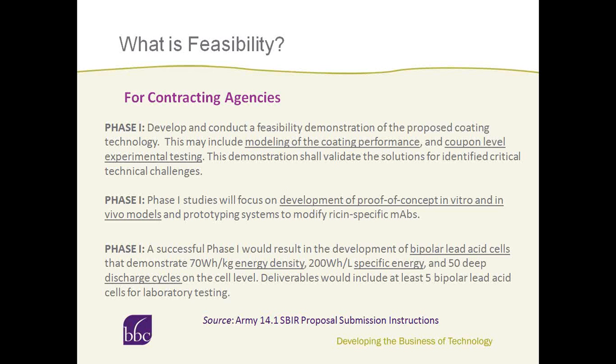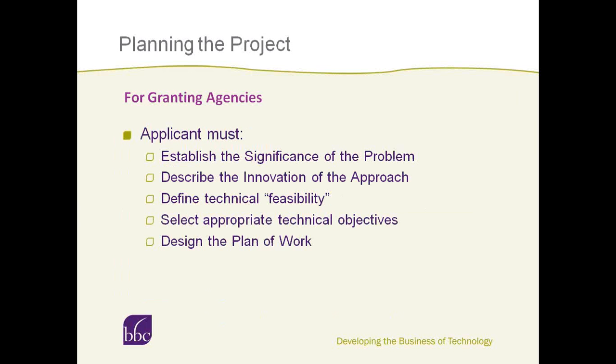So you want to be responding in detail to what you see described in these topics and the approaches that have been tried already that have not succeeded. So there certainly is a different strategy that is used in your Phase 1 proposals to a contracting agency versus a granting agency.